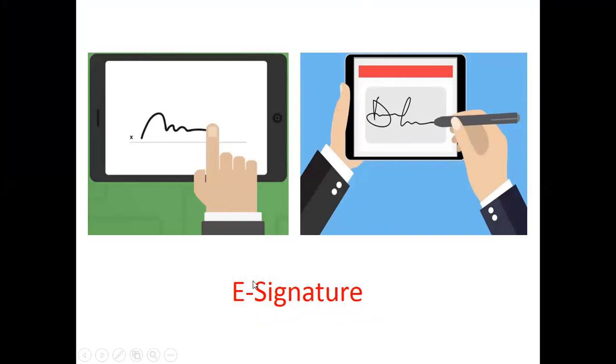When there is a courier, the courier takes our receipt in the format of an e-signature. An e-signature can be done in two ways: directly through our hand or through a stylus. An e-signature indicates consent, approval, or permission on an electronic document or form.